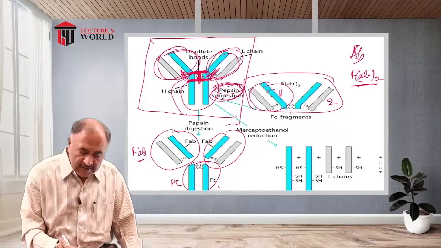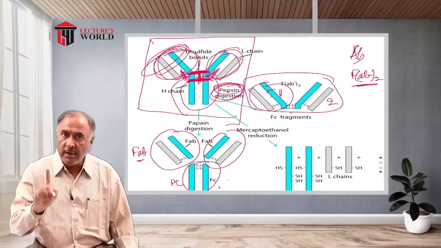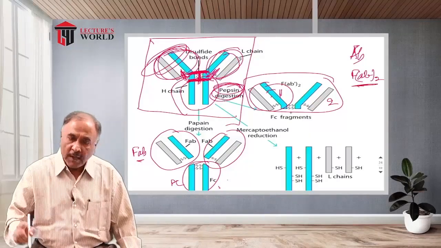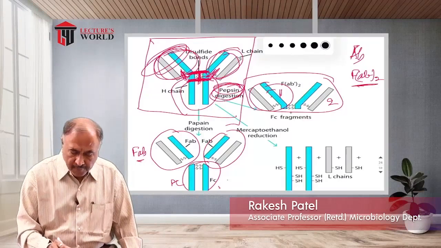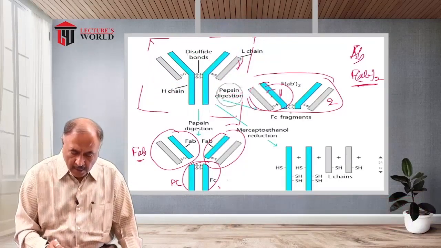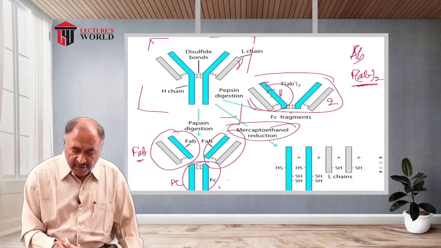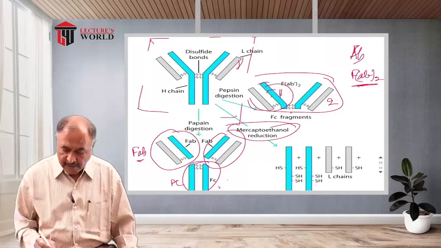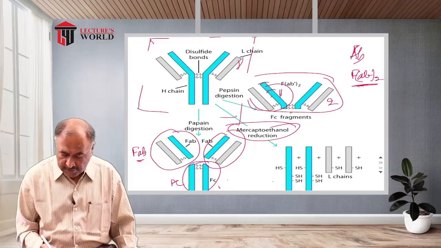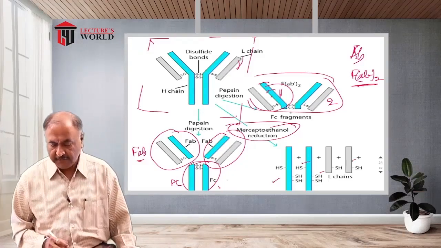Only then will it bind, but an individual peptide will not. So when mercaptoethanol was used for digestion, disulfide linkages were broken. It was a reduction reaction, and therefore what they obtained was two heavy chains and two light chains.